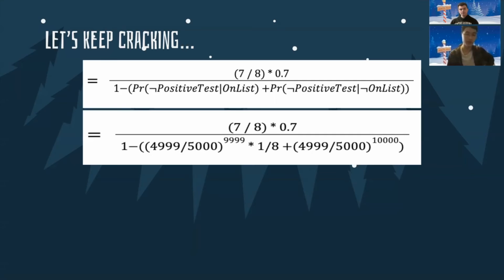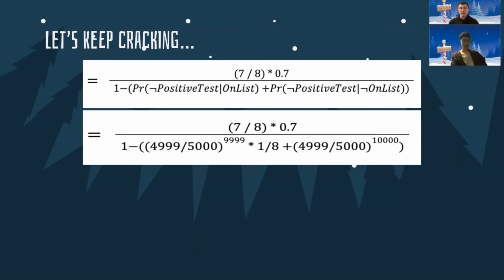So 4,999 over 5,000 raised to the power of 9,999 gives us the probability that all the innocents in this case test negative. Now multiply that by the probability the thief tests negative, which is 1 out of 8. Because 1 out of 8 times, they are able to fudge the test and get past it.